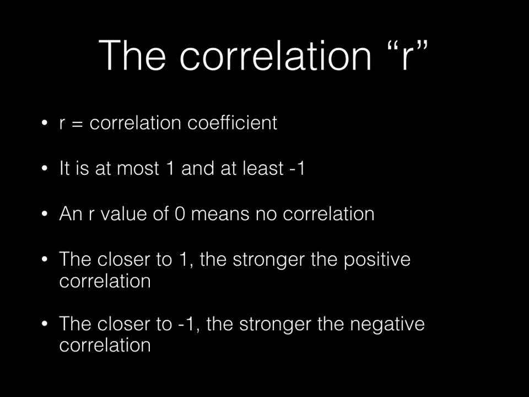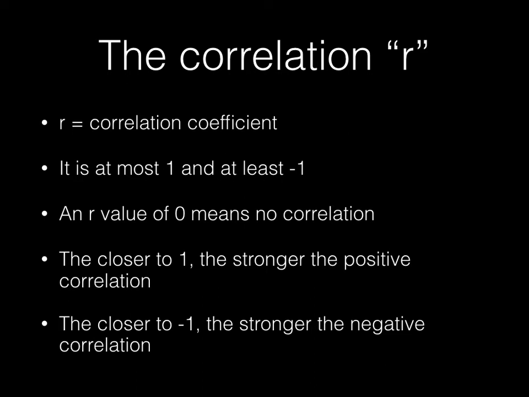The same is true for the negative. So the slide that had the line going downward, the line that was a straight line with the dots would be very close to -1. It would be a very strong negative correlation. As those dots start spreading out more and more, you get closer and closer to 0 with your number.